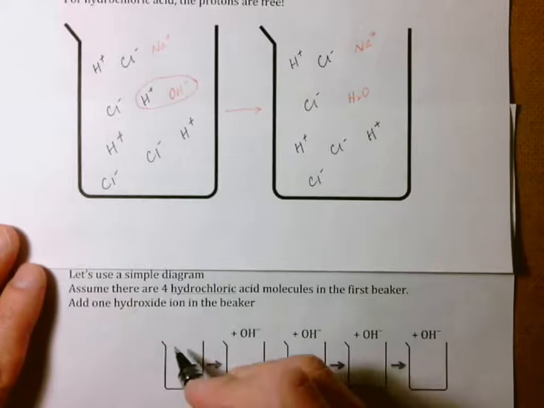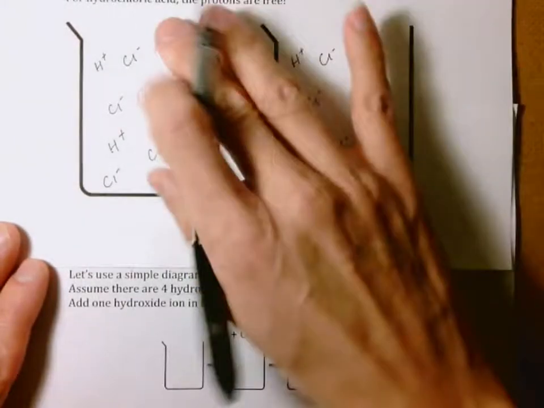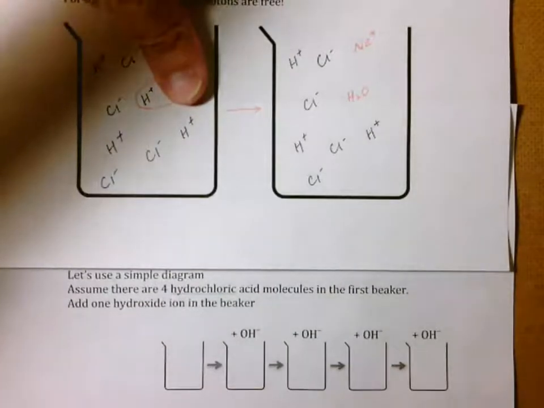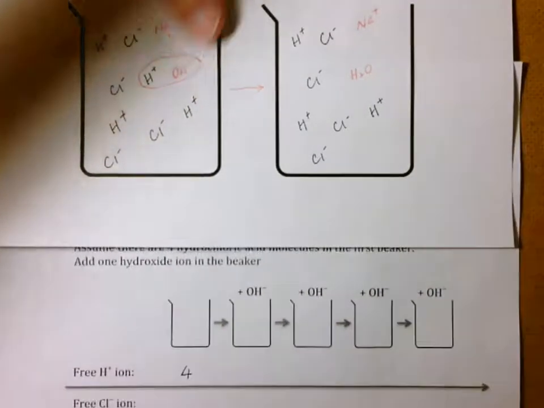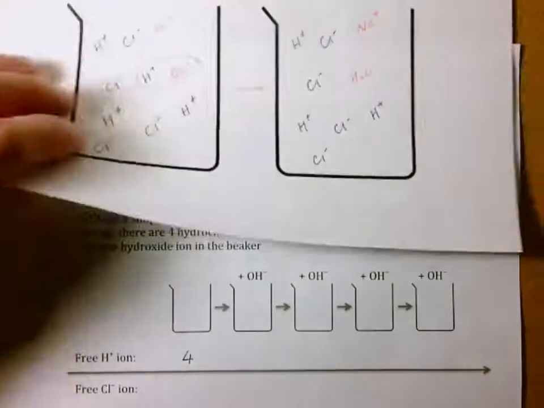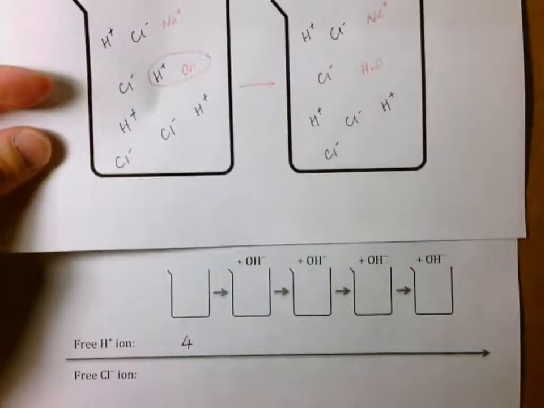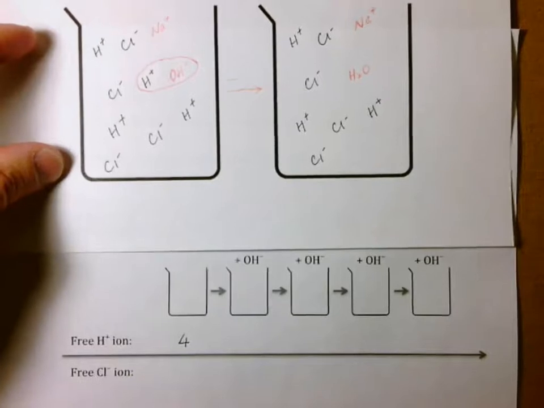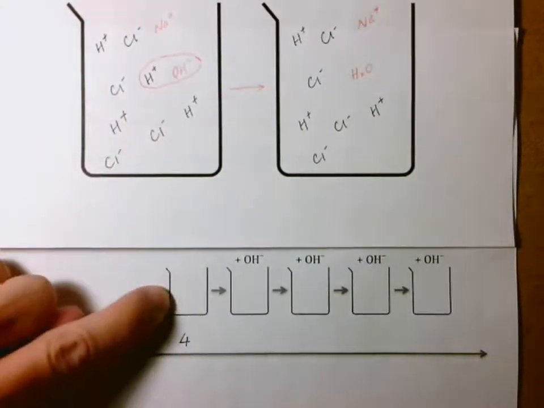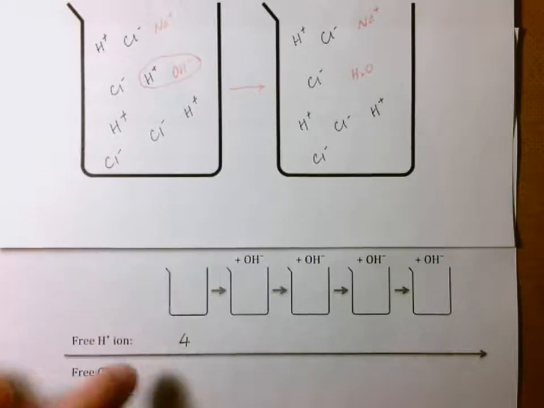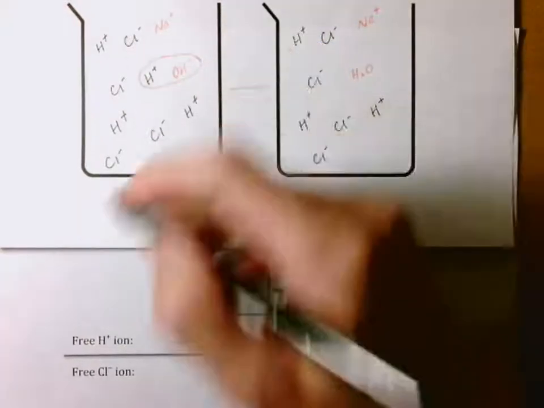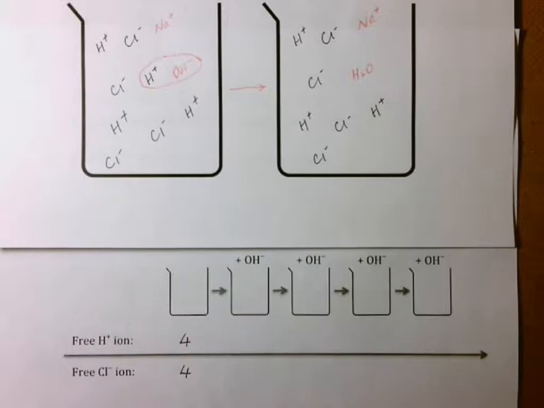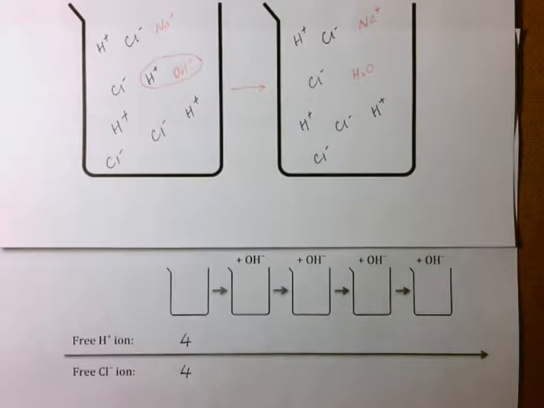So at the beginning, I did not add any hydroxide. I have 4 free H pluses. The chloride also free, so that's 4 to 4 ratio. Okay, so 1 to 1. What happened after I add each hydroxide?